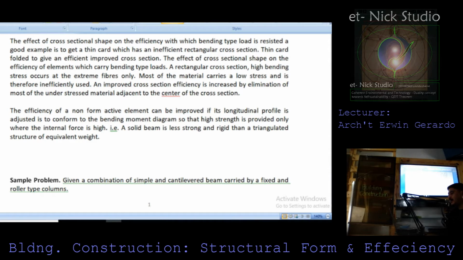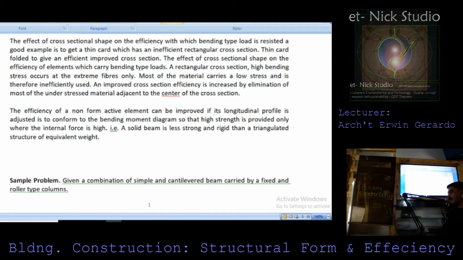A good example is a thin card which has an inefficient rectangular cross section, and a thin card folded to give an improved cross section.